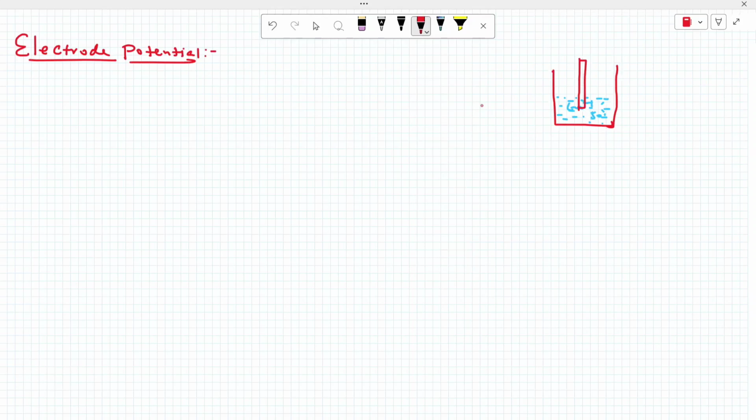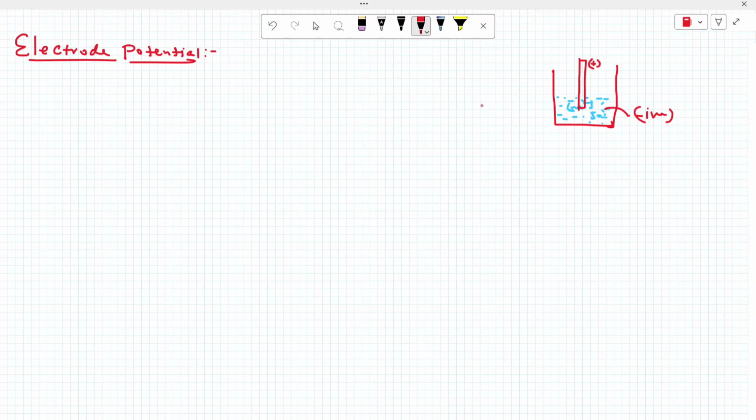Now see, listen. If I dip the electrode in the solution, we have generally studied in the galvanic cell the anodic and cathodic compartments, more rich in negative and more rich in positive charge, students. In the galvanic cell, the cathodic part is more rich in positive charge. Whenever there is positive and negative, there will be some potential difference, right?